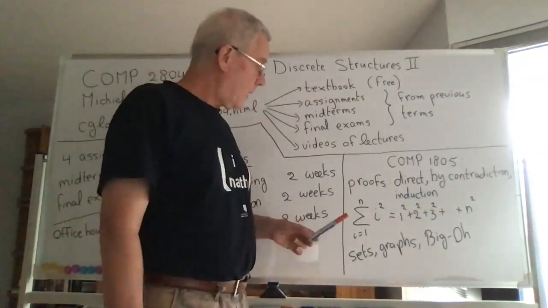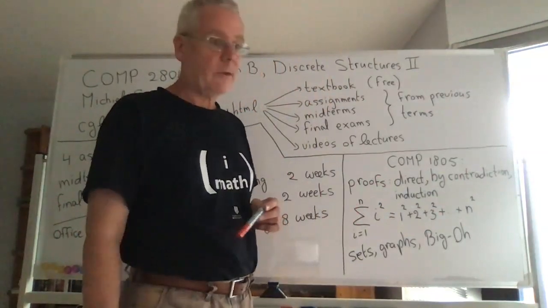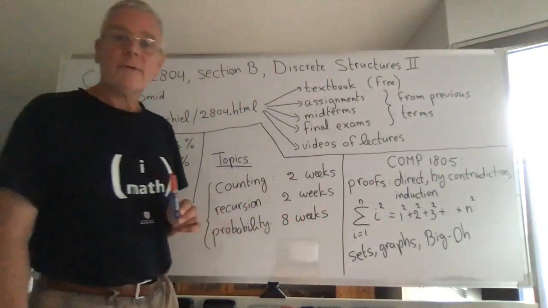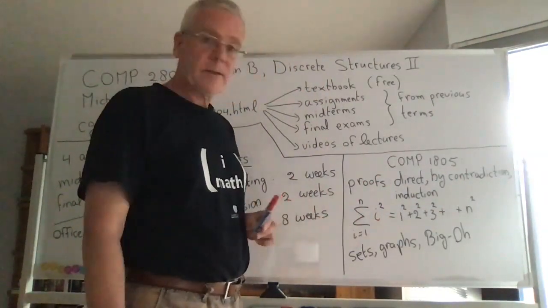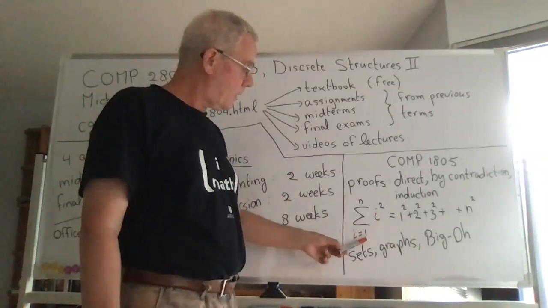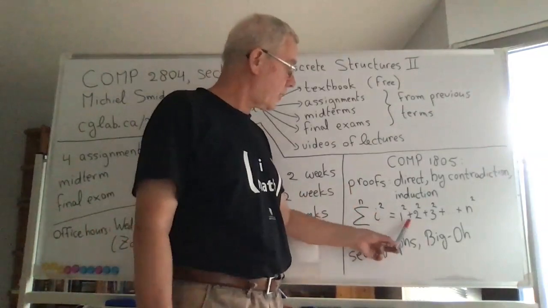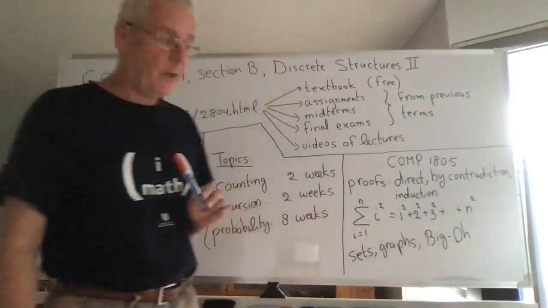I assume you are familiar with the sigma notation for summation. Here is an example. If you see the sum of terms i squared, where i starts at 1 and ends at n, this is a shorthand for saying 1 squared plus 2 squared plus 3 squared, etc., up to n squared.